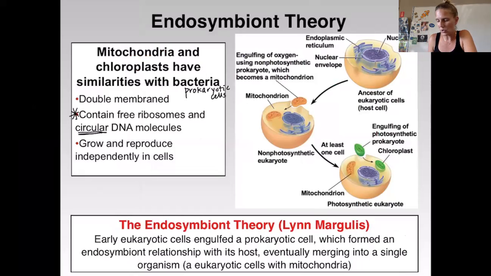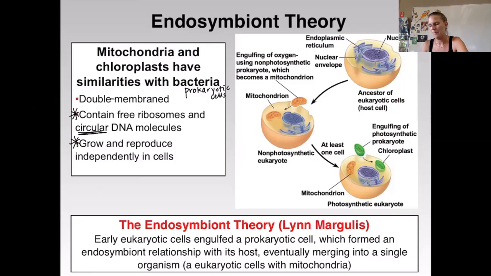And they have circular DNA. Mitochondria and chloroplasts, the organelles within a cell, can grow and reproduce independently within a cell. And something interesting about them is that they're double membraned. That's unique for organelles. So it turns out, and we're going to talk more about this in class, the Amoeba Sisters have an awesome little video that I've posted about this as well.